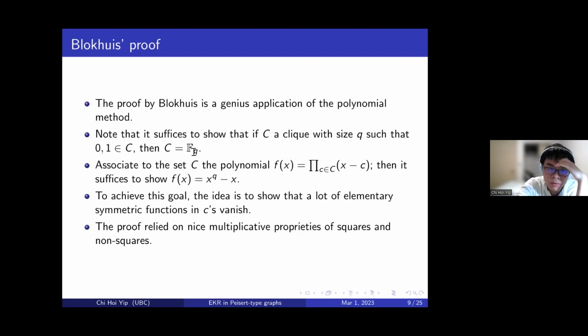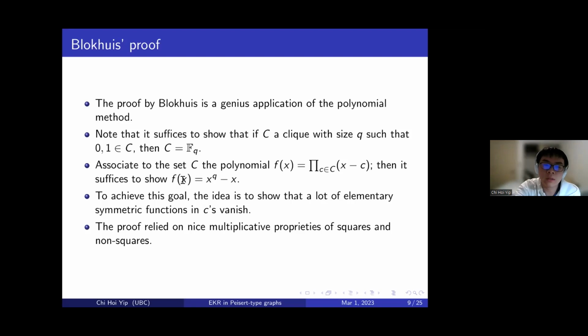Blokhuis's idea is that we can associate C with this polynomial f(x), which is the product of x minus c, where c runs over C. And if we set C to be FQ, then this just turns out to be x to the power Q minus x. This is an if and only if condition.